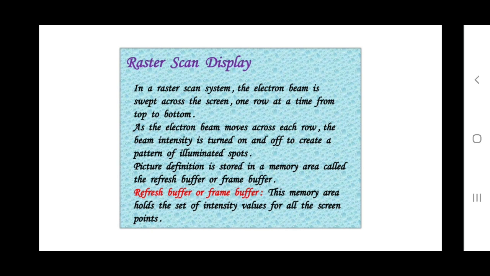Picture definition is stored in a memory area called the refresh buffer or frame buffer, which holds the set of intensity values for all the screen points. So in a raster scan display, the screen is scanned from left to right, top to bottom, all the time to generate graphics.